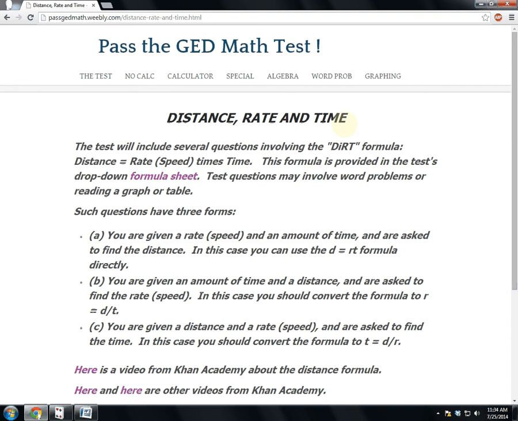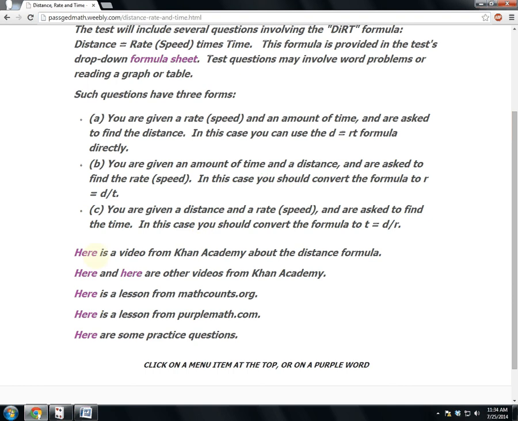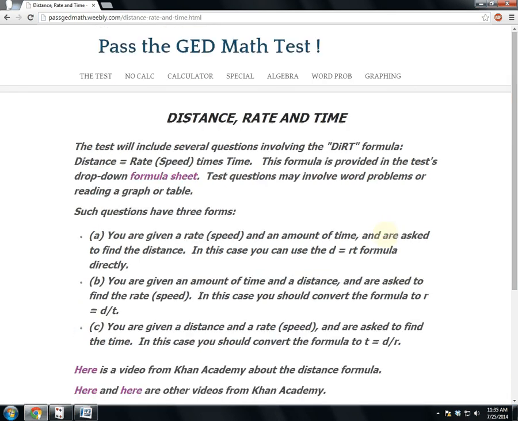Now, the trick in working with any of these standard formulas is to recognize which formula applies to the question and then to apply it. So here with distance, rate, and time, these kinds of questions, for example, you have a video, actually 3 videos from Khan Academy, you have a couple of other internet lessons, and you have some practice questions.